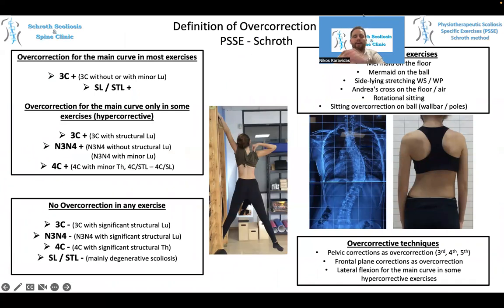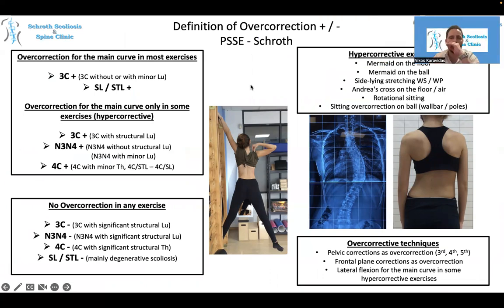Now I will very briefly try to explain to you what is overcorrection. How we define this. So overcorrection means to get the maximum of correction for the main curve. And to define if you overcorrect or not, you give the sign plus or minus as we saw before.